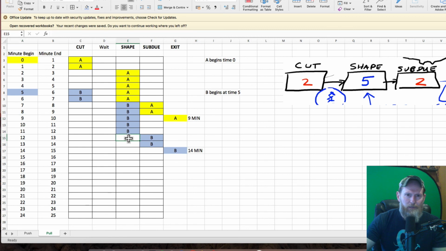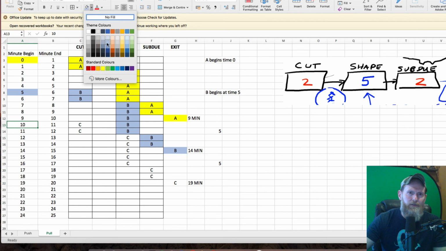So same, if we want C to flow in here, flow on out, it flows out at the beginning of the 19th minute, which is that 5-minute separation. We know C should flow in there. So C should flow in at the beginning of the 10th minute.